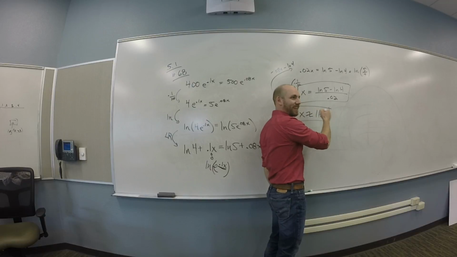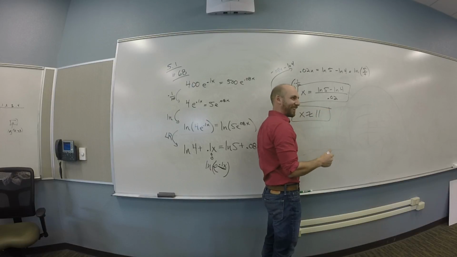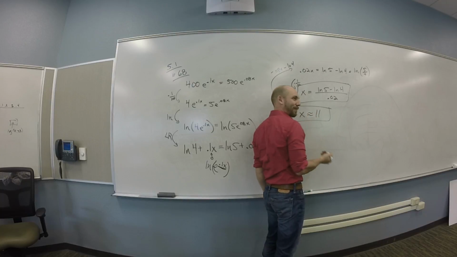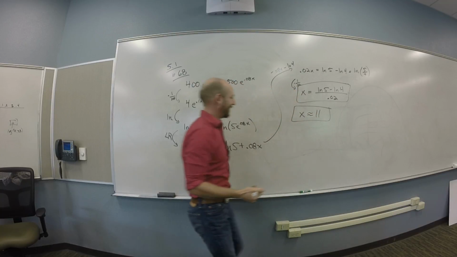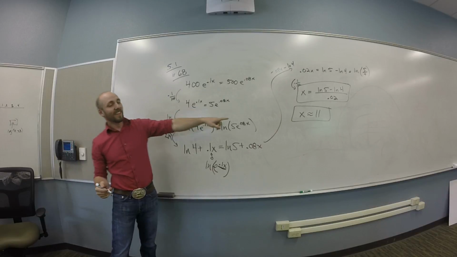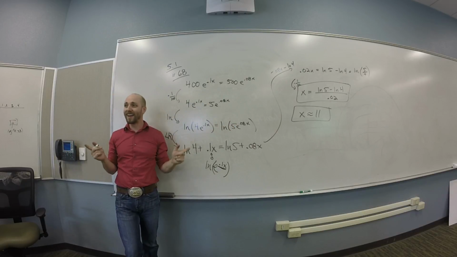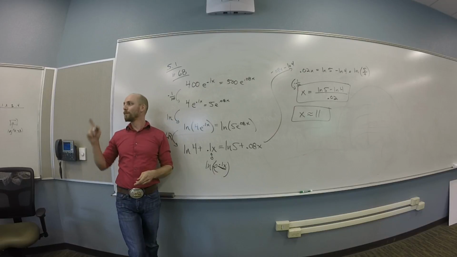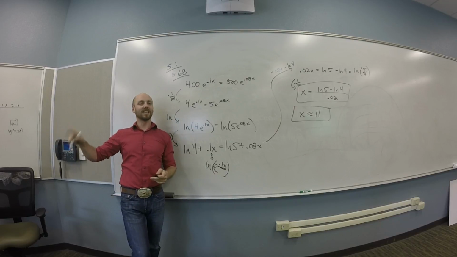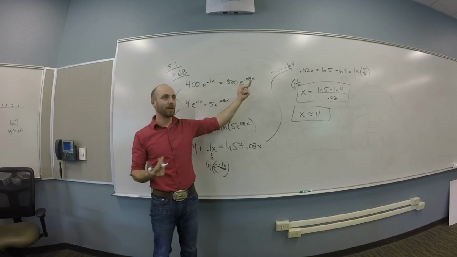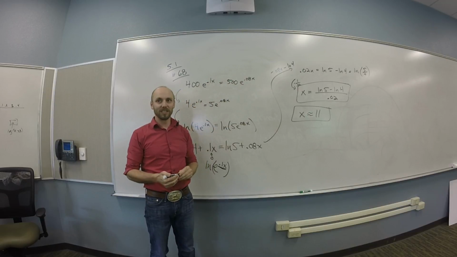It's approximate. So x is approximately 11, which means 11 time units of whatever. This is 11 time units before the smaller population catches the bigger one. You guys see that?